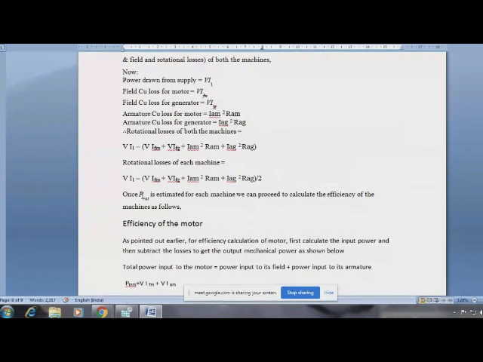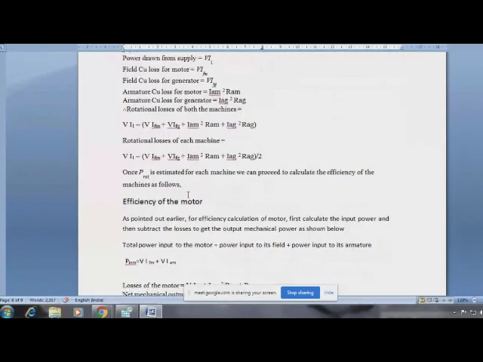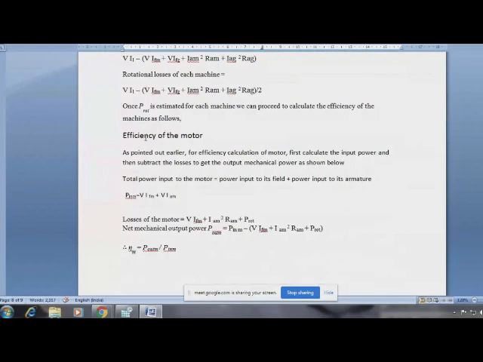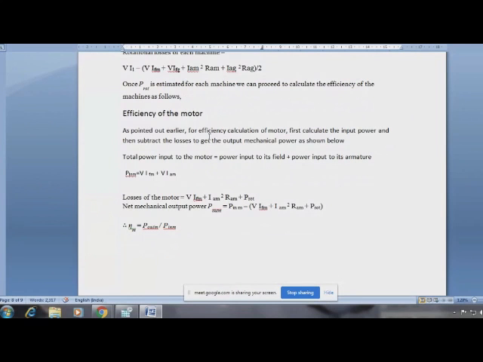So, with this information, let us look into the calculation of efficiency of the motor. As pointed out earlier, for efficiency calculation of the motor, first calculate the input power and subtract the losses from the input to get the output mechanical power as shown here.